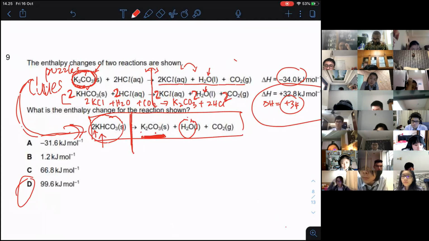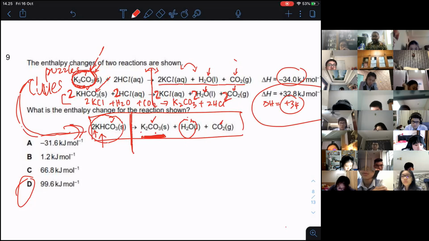Both also have CO2, but I choose this one and this one to identify the rearranging because there is only this compound in this particular equation. So if I make adjustment according to that, I will definitely get the answer. I hope it answers your question. That's the reason why I don't bother about H2O and CO2.